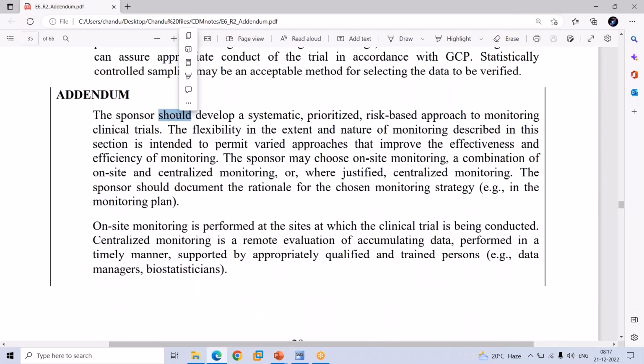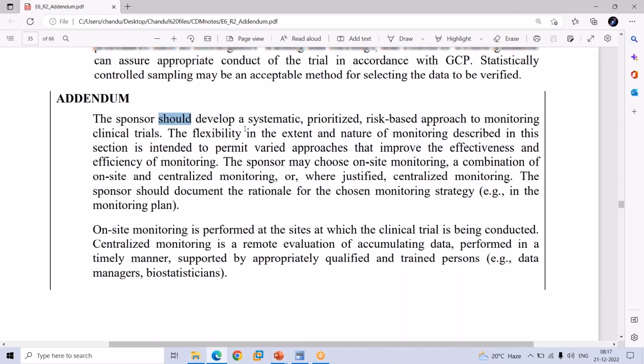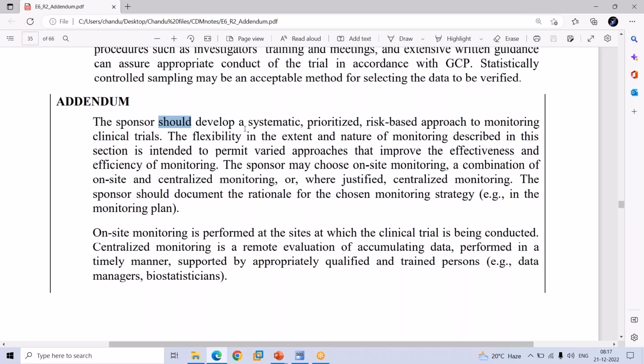So the sponsor should develop a systematic, prioritized, risk-based approach to monitor the clinical studies. Okay, we already discussed this one. Not the one above, we'll discuss that. So the flexibility in extent and nature of the monitoring described in the section is intended to permit varied approaches that improve the effectiveness and efficiency of the monitoring.